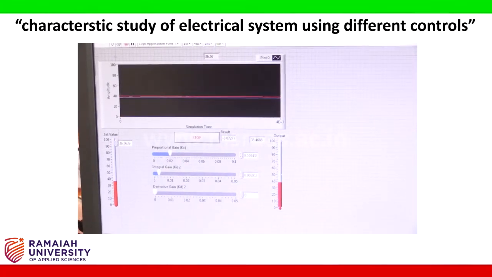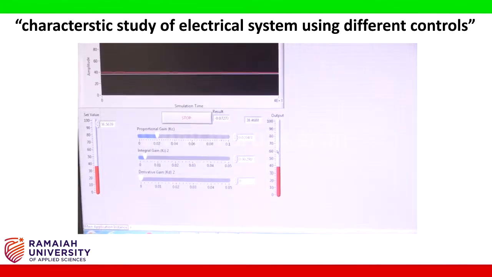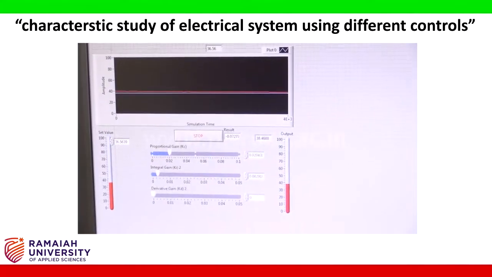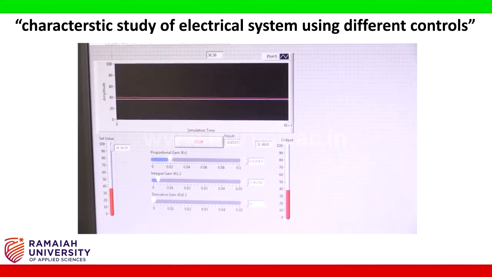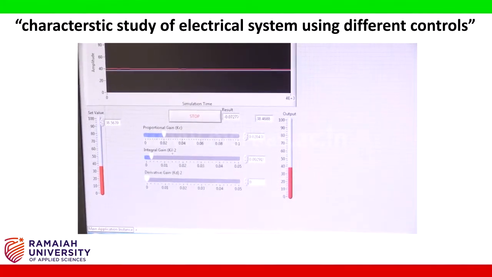Since the plant has a sensor equipped on it, that sensor voltage value converted into the corresponding temperature will be displayed here, and these are the settings which have to be made for tuning the parameters of P, PI, PID.